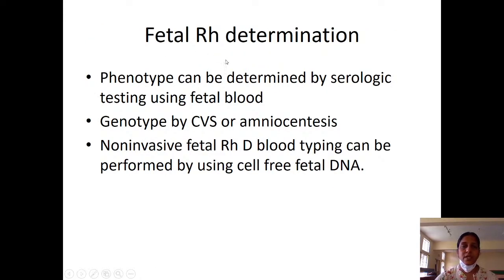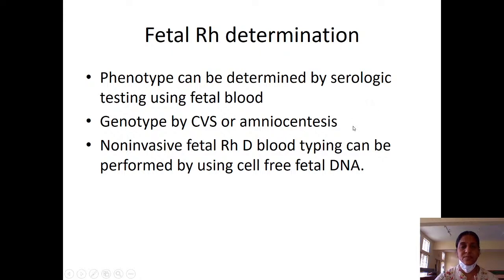How can we do the fetal Rh determination? The phenotype can be determined by testing blood, and the genotype can be done by CVS or amniocentesis.